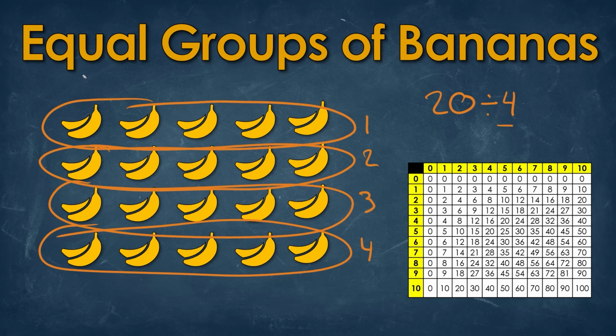So we would just count the bananas inside, and we have a total of 5 bananas inside. And again, that's what we saw here, right? We didn't know that this was 5, but we were given that 4 is our starting point. We look down until we find where 20 is at, and then we work our way back across to see that the answer is 5.